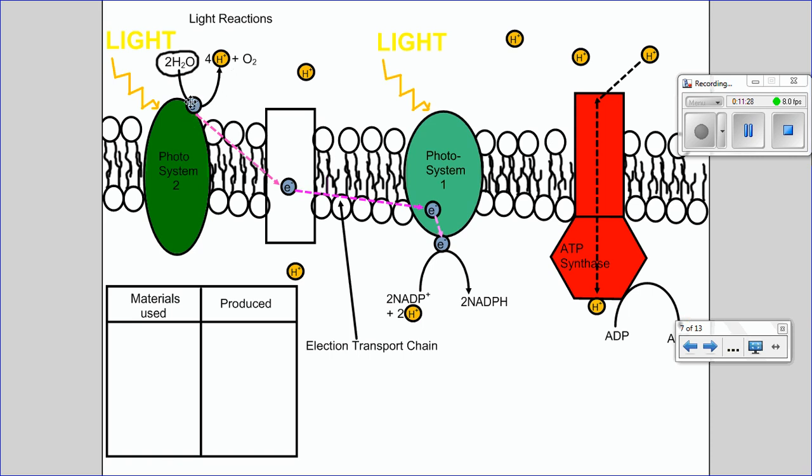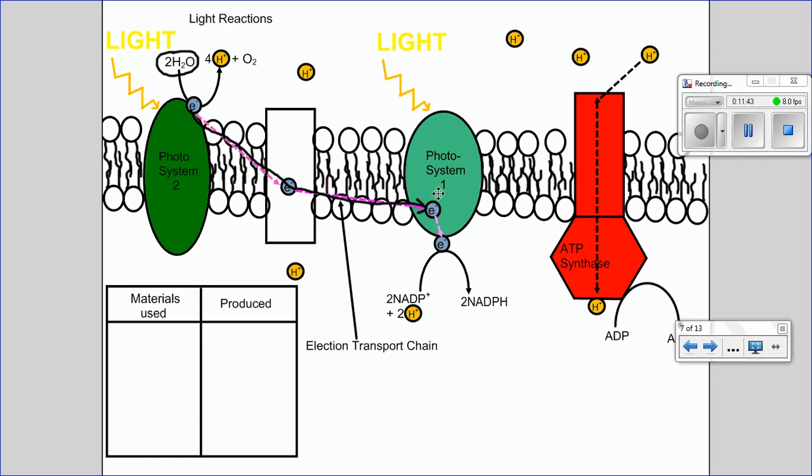Now when that happens, you get a high energy electron that is dropped off to the photosystem that then transports itself down what we call the electron transport chain. And as that happens, it reaches photosystem 1.